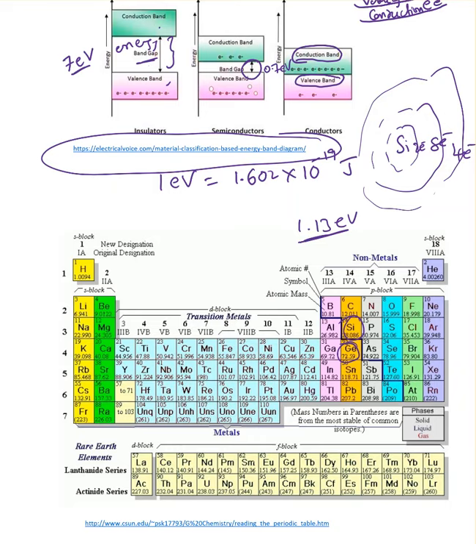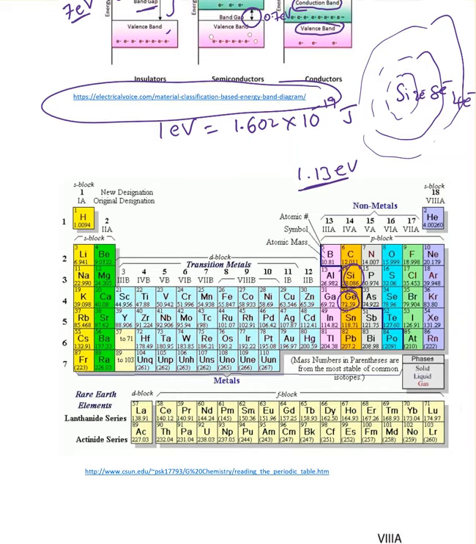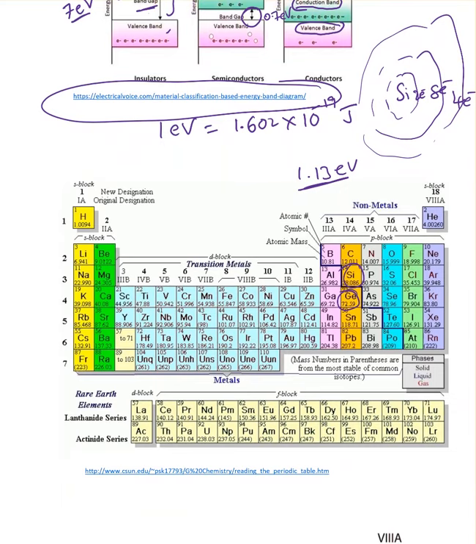Okay, not every element which has 4 electrons in its outermost orbit is a good semiconductor. If you look at carbon, it is a conductor. It's not a very excellent conductor, but carbon is a conductor, but still it has only 4 electrons in its outermost orbit.